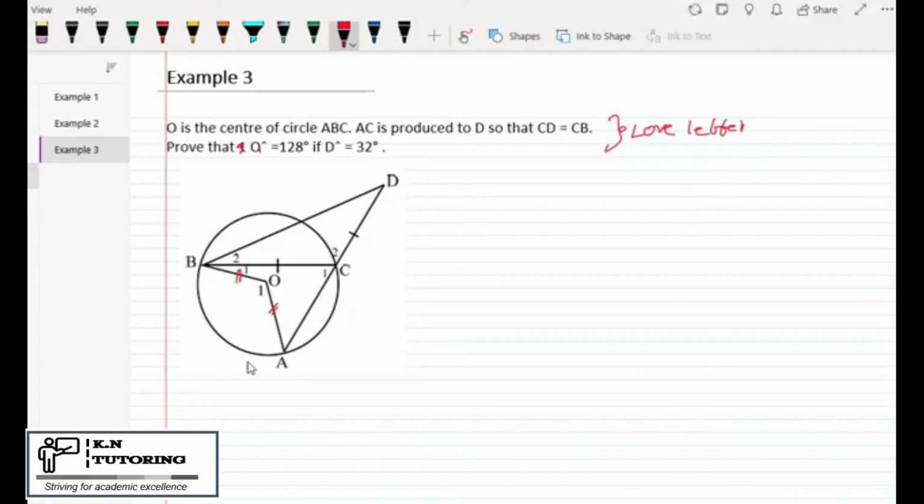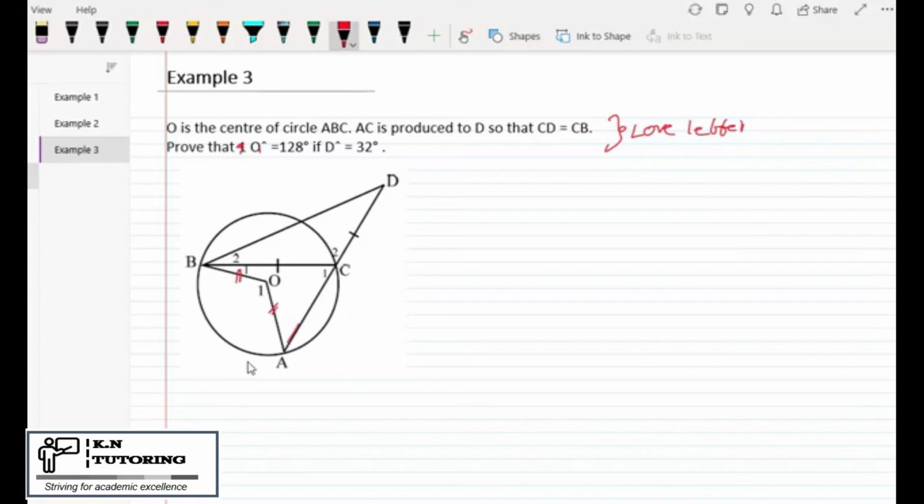So nothing more. And I think I see some kind of an arc there. I see an arc that subtends an angle. I see an arc BA which subtends an angle O1 at the center. And again, the same arc subtends an angle C1, which is half the angle of O1.